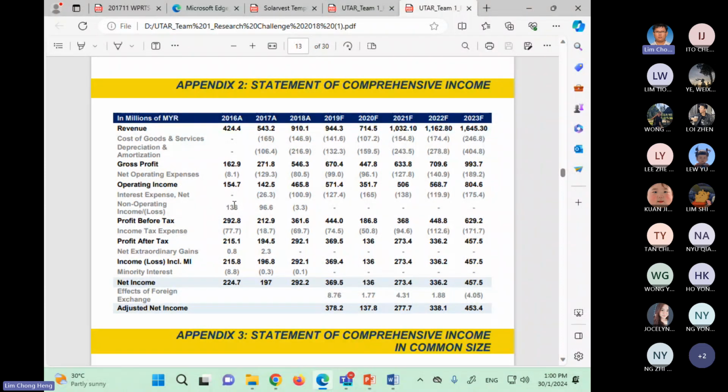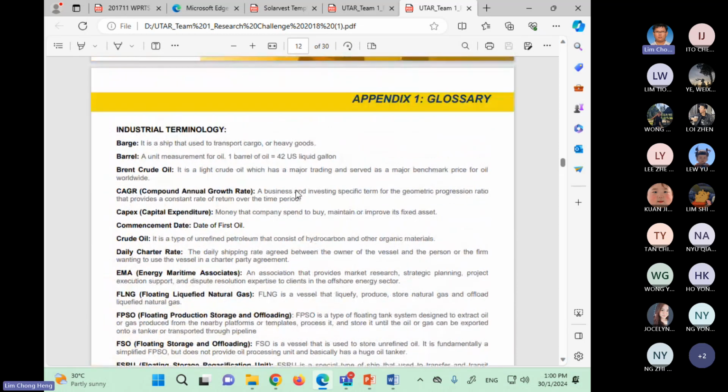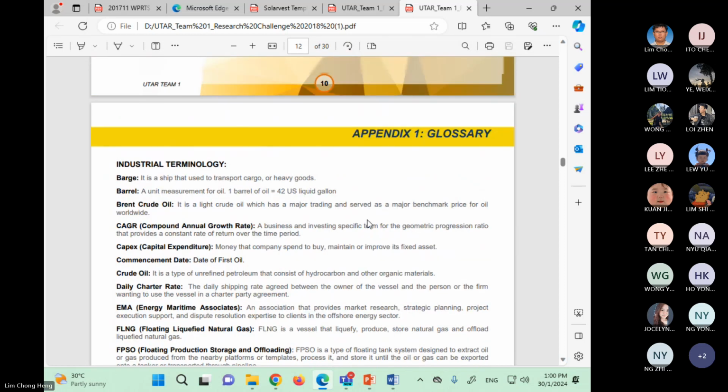Okay, so the actual function of the appendix is to help you further justify your argument. Example, sometimes you will think this point is very important, but if you put it in the main content, you will think maybe it's not so important, so you don't know where to put it, and then we put it in the appendix.